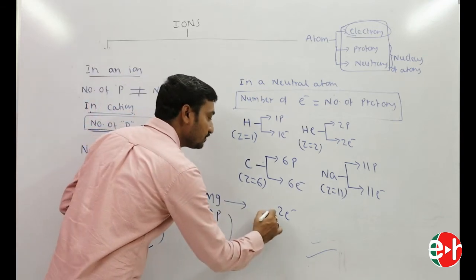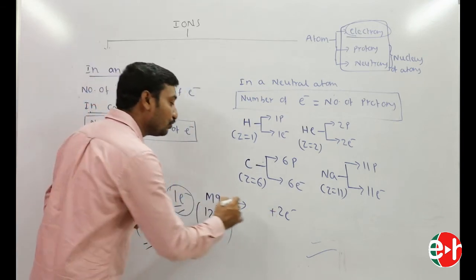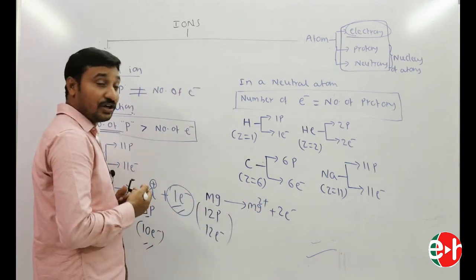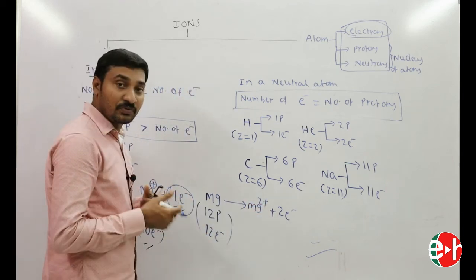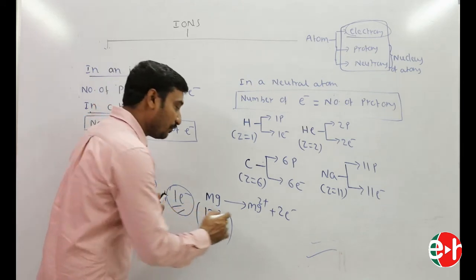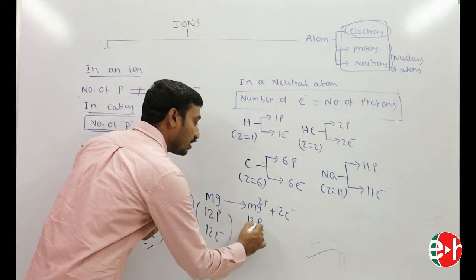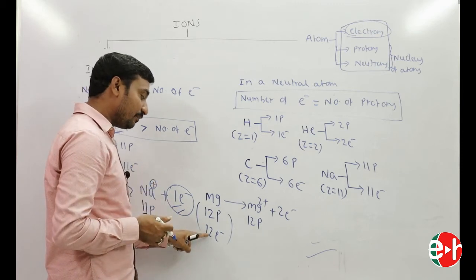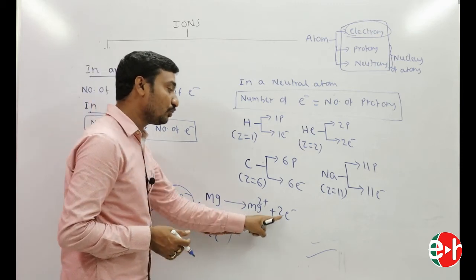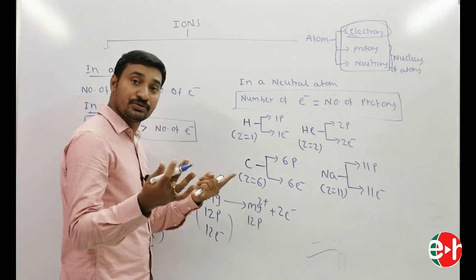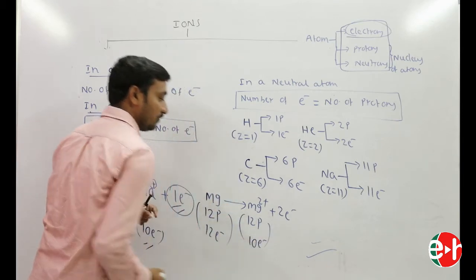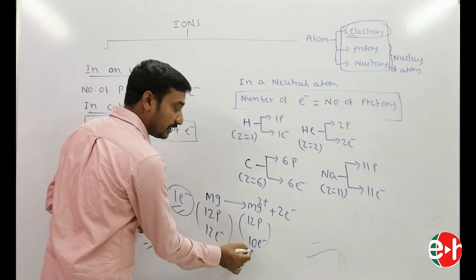So how many positive charges are formed? 2 positive charges. Mg2 plus. Now tell me, no change in protons. So 12 protons. Then electrons, already 12. You remove 2 electrons. 12 minus 2, 10. Now only 10 electrons are present, not 12. So here 12 is greater than 10.